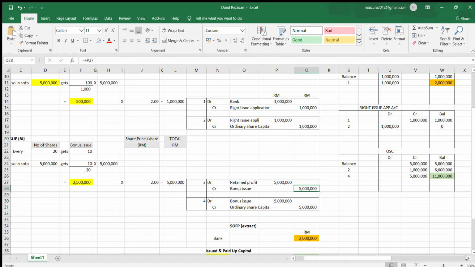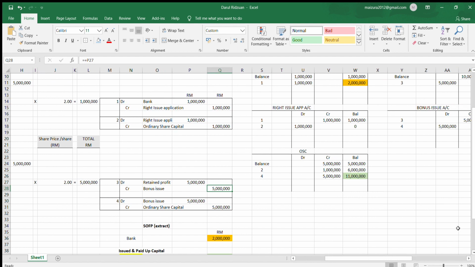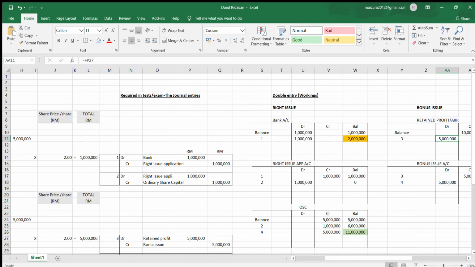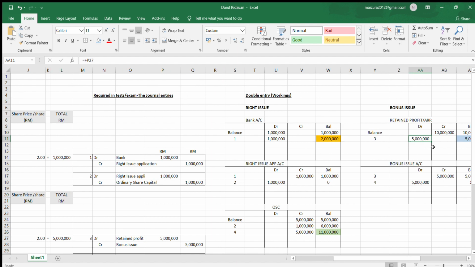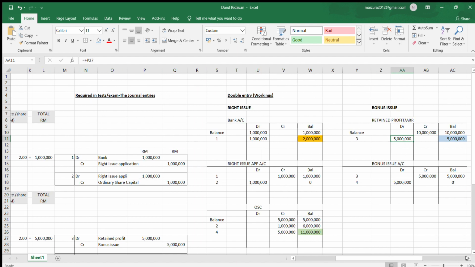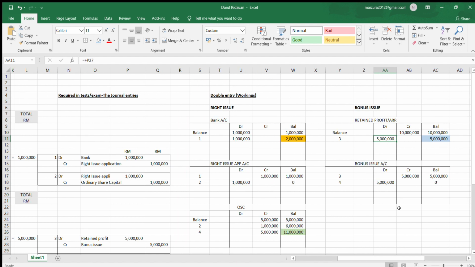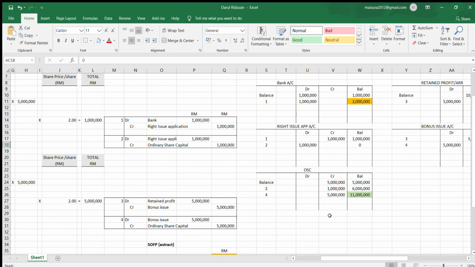So how would the double entry look in the accounts? Your retained profit has been reduced by 5 million, left with 5 million, and your bonus issue will be credited to the bonus issue account, and subsequently your bonus issue will be closed and left with 0 and transferred to the ordinary share capital account, whereby there will be an increase to 11 million.